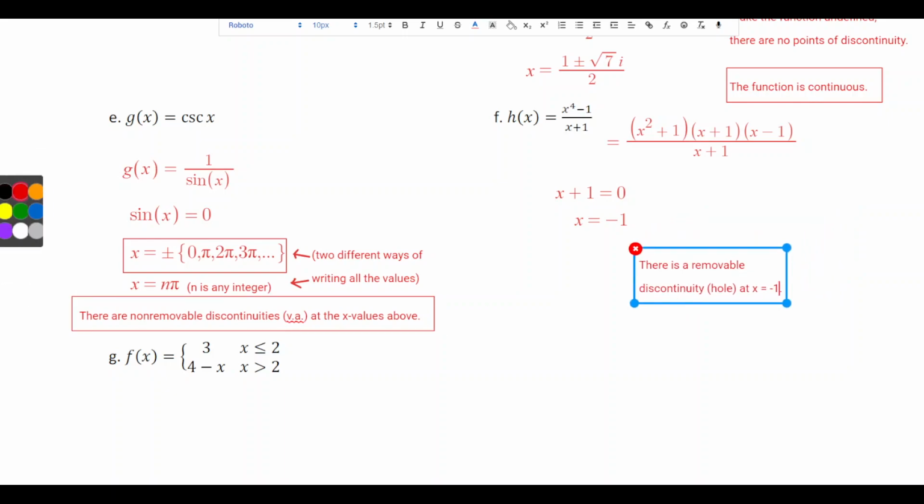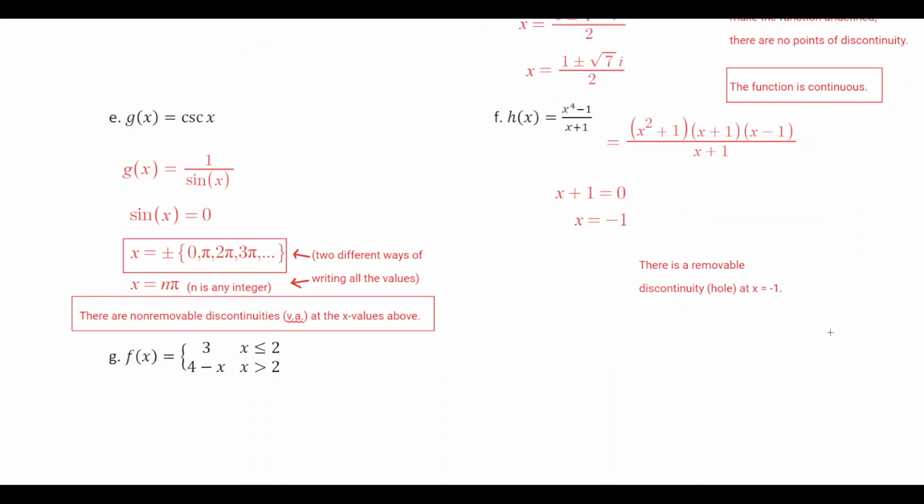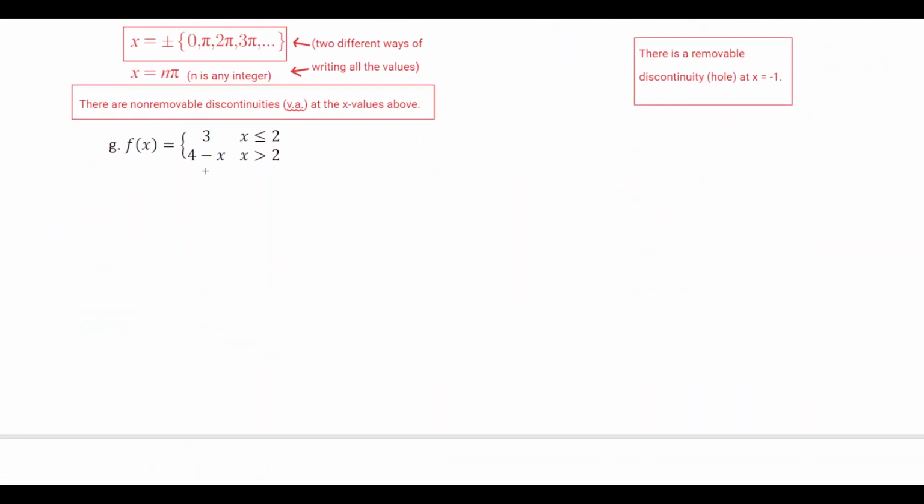So let's take a look at g. Now, g is a piecewise function, which means that the function is defined differently for different parts of the domain. Just to get a visual down here, a quick sketch. We don't need to make it perfect, but we know that for x less than or equal to 2, the graph is just y equals 3.